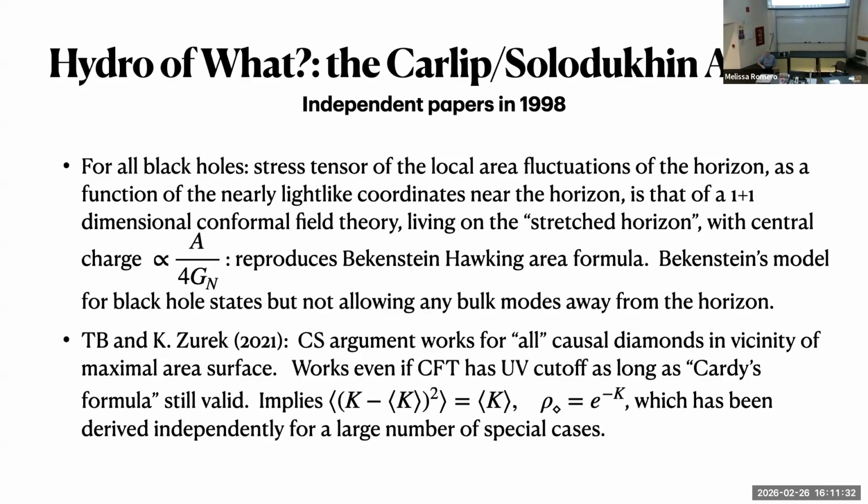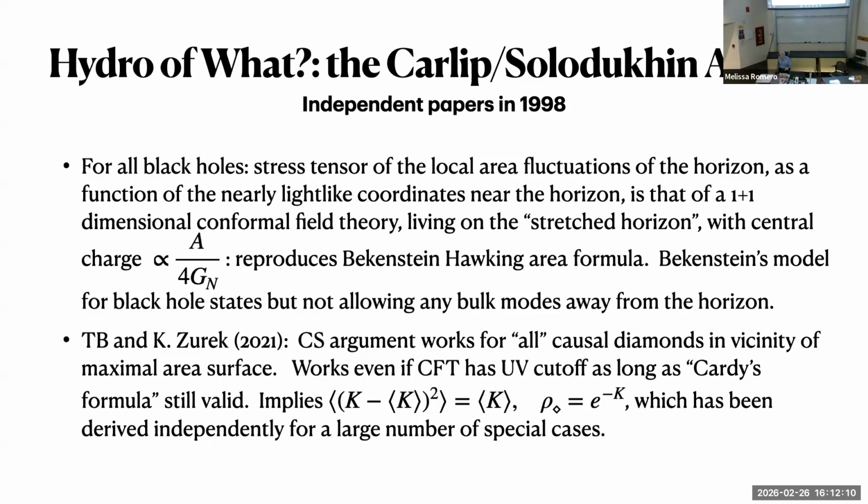Let's let that factor of the area variation just depend on those coordinates. And let's consider what its stress energy looks like as a function of z and t. And what they found, just using the classical Einstein equations, was that it looked like the stress energy tensor of what's called a conformally invariant field theory in the two dimensions of z and t.